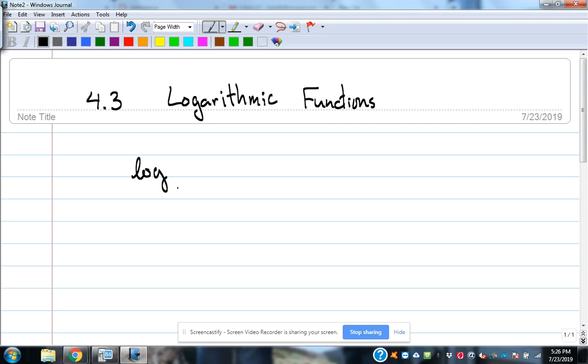So log, and then we'll put a b right down there. So that's a base b, and then we'll say of a is equal to x. All right, so that's a logarithmic statement. You've got a base, and then this is the exponent.